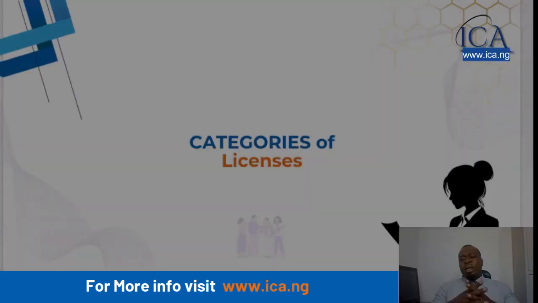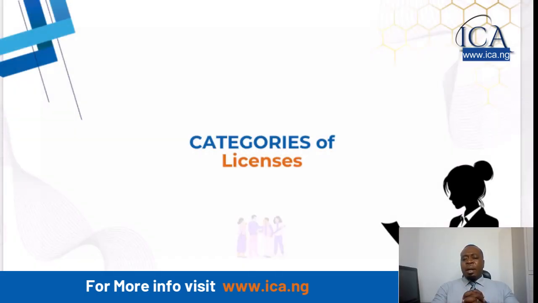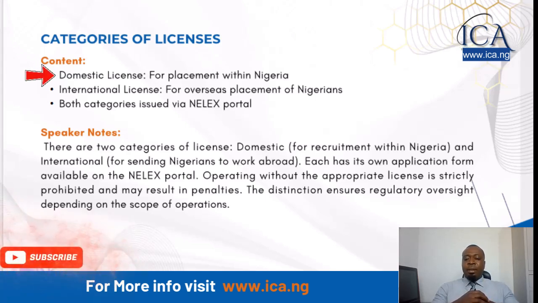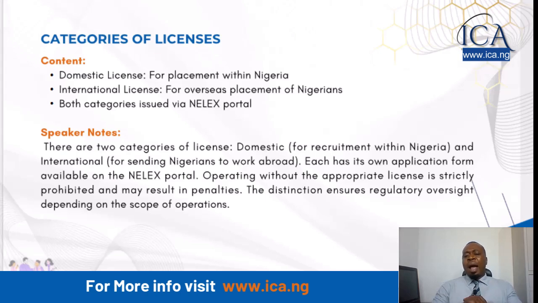Let's now take a look at the categories of licenses that are available. There are two categories of licenses. Firstly, we have the domestic, that's basically for recruitment within Nigeria, and we also have international, for sending Nigerians to work abroad.